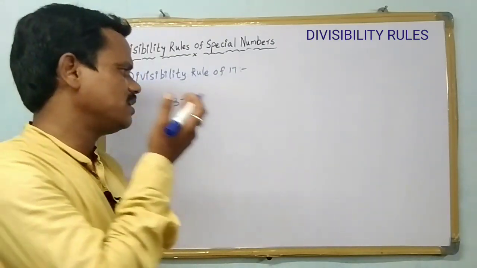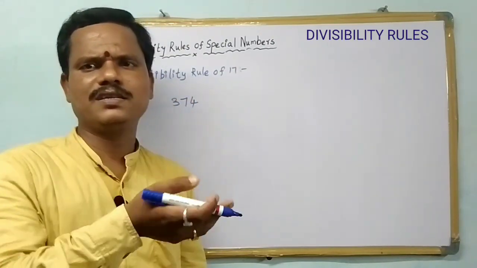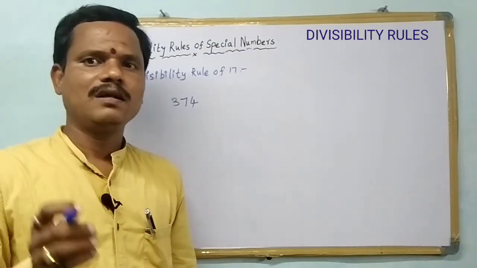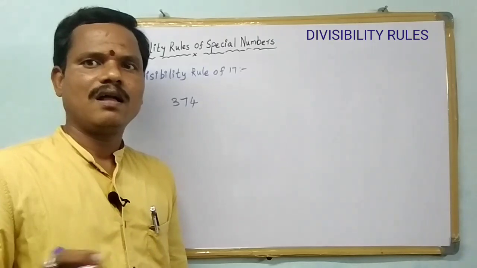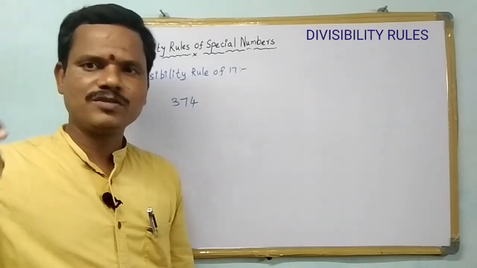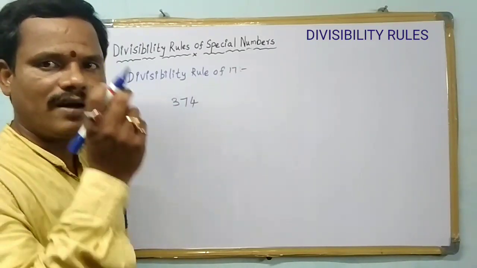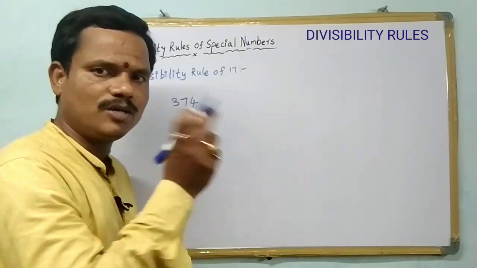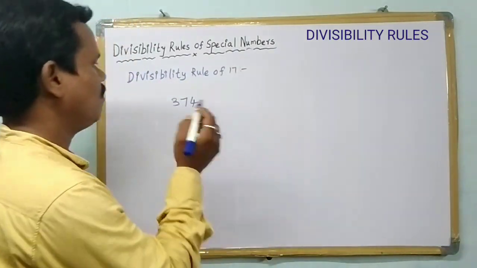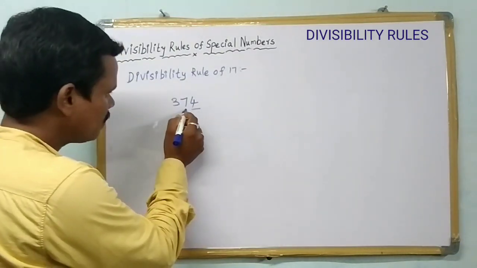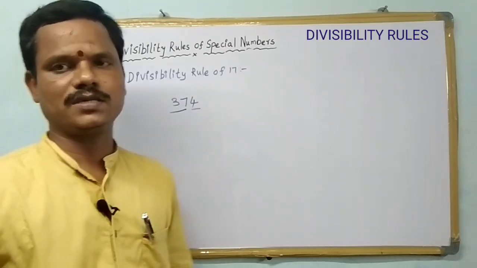Any number, whether it is a 3-digit, 4-digit, 5-digit or any big number, the procedure is the same. In the divisibility rule of 7, the same procedure we can apply here also. The given number is divided into two parts. The unit digit is one part and the remaining digits are the second part.